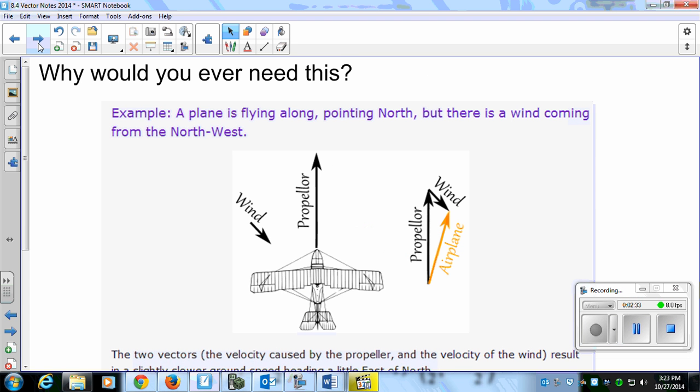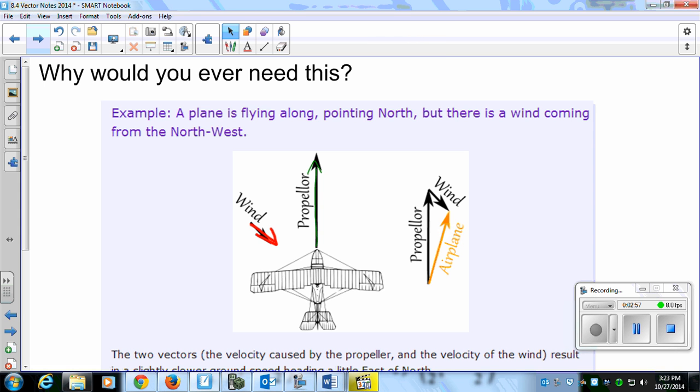Okay, why do we ever need this? Lots of times in physics and other applications, we have different forces acting upon an object. You might have a propeller. For this example, we have a propeller pushing you forward, and then you also will have another vector of wind pushing you in this direction.